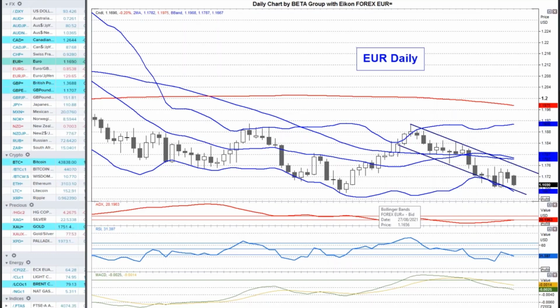But this channel is a shorter term perspective than the head and shoulders, isn't it? So we could break out of this channel, and that doesn't mean the head and shoulders is negated. It's a pattern inside a pattern, and all patterns are made up of patterns.